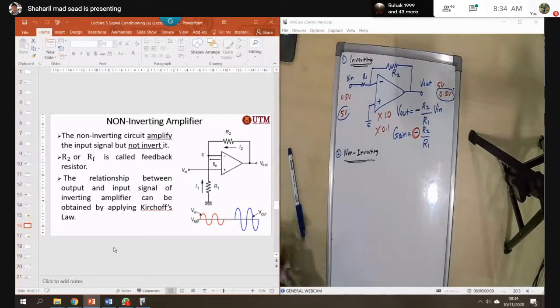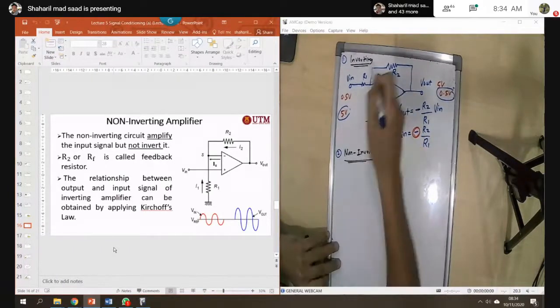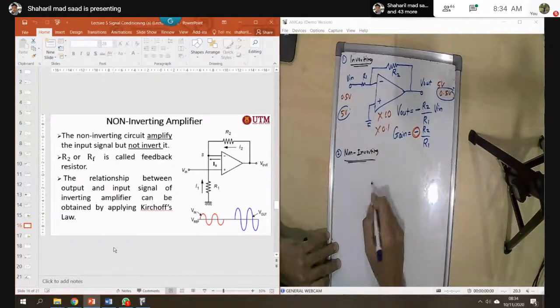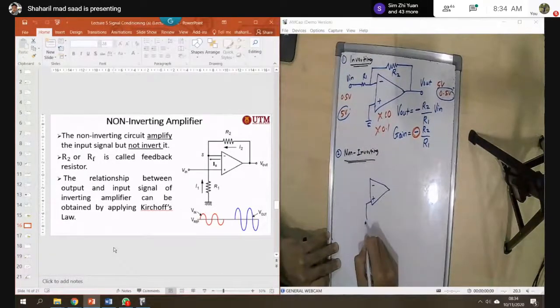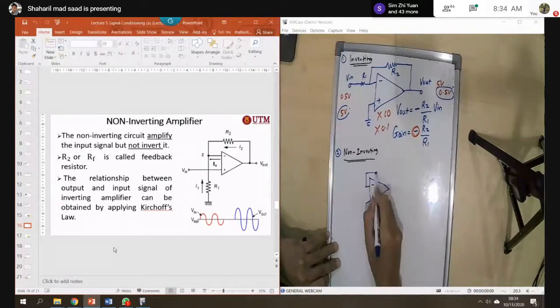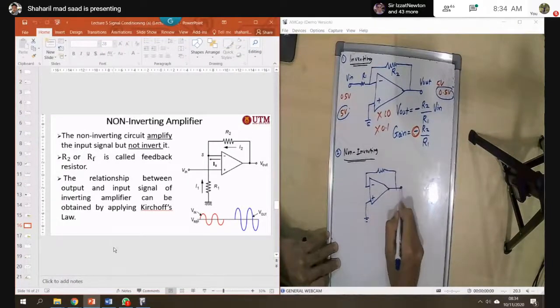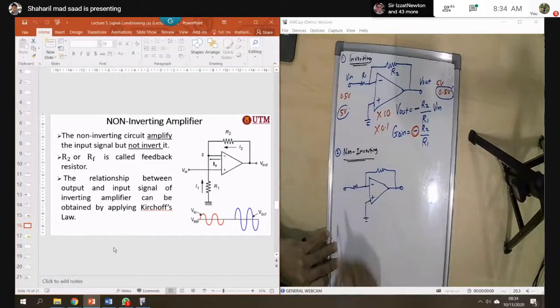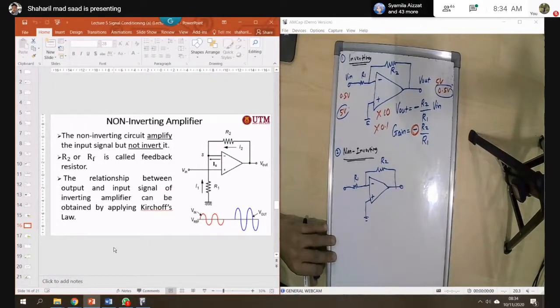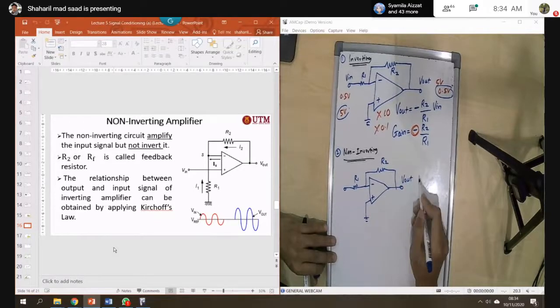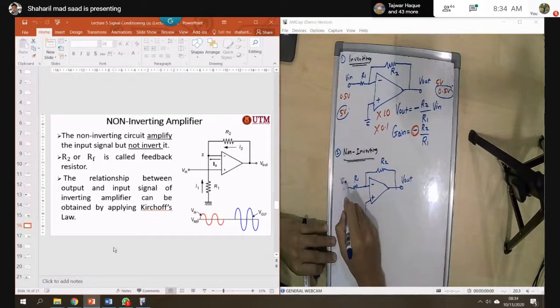First of all, you draw the inverting circuit first, with the triangle and feedback resistor, R1, R2, V out, and V in.